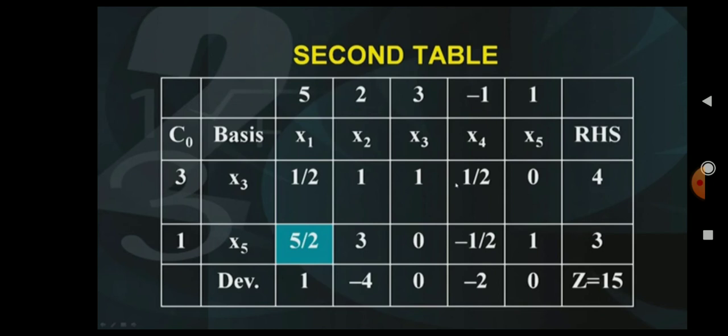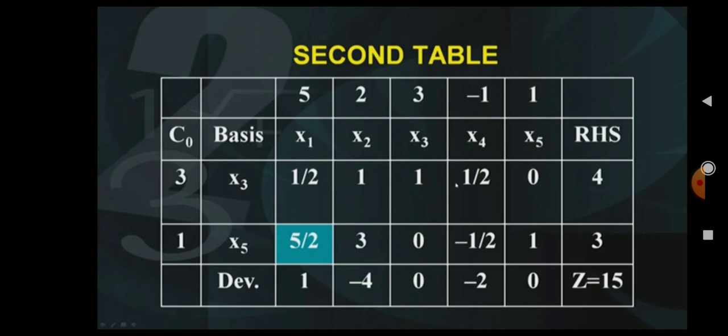In that case, again we have to check the deviation, and the deviation is similar: 5 minus 3 into half minus 1 into half, so 3/2, almost 4, and 5 minus 4 equals 1. So the deviation is 1 here, and the remaining ones are 0 as calculated in the table. As it is a positive value, it should be continued, and x1 is the entering variable.